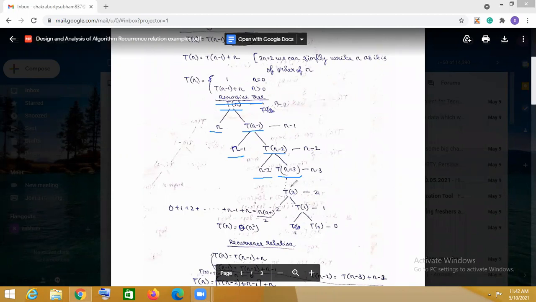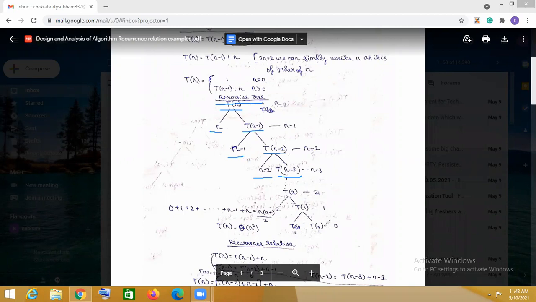So it continues, and at one time it will become T2, then 2 will be printed and it will call T1, and after 1 is printed it will call T0. When T0 is called, that means our total function is completed, because the condition will not execute for 0. So our recurrence relation will be completed.